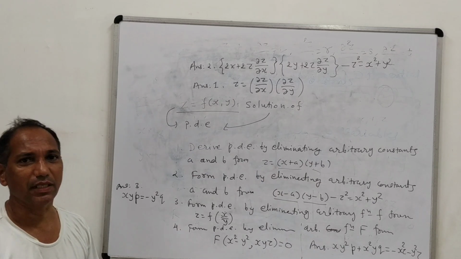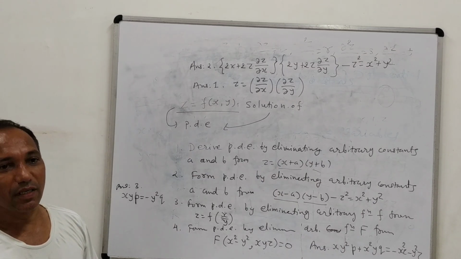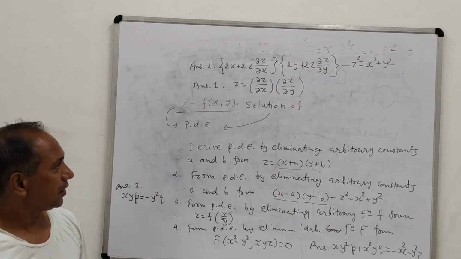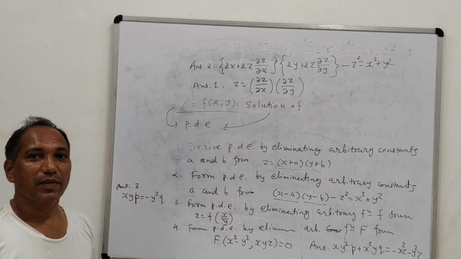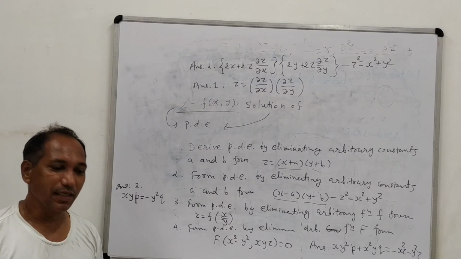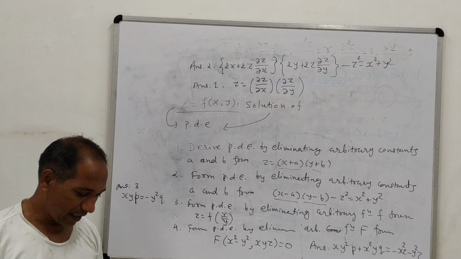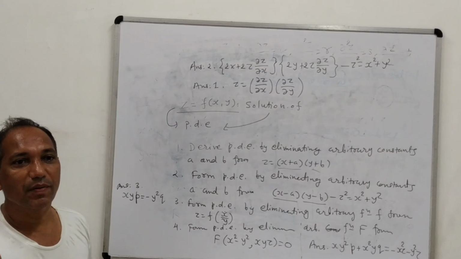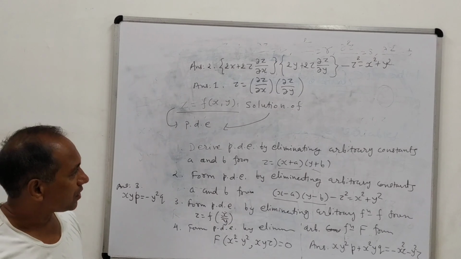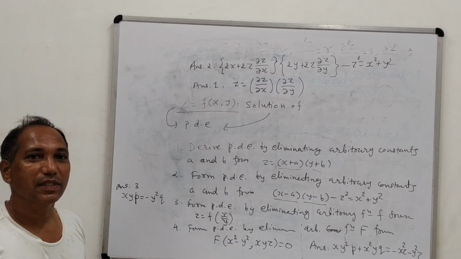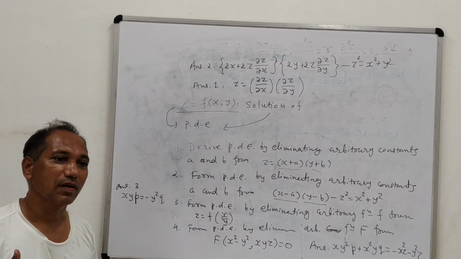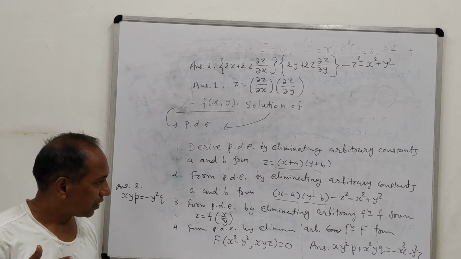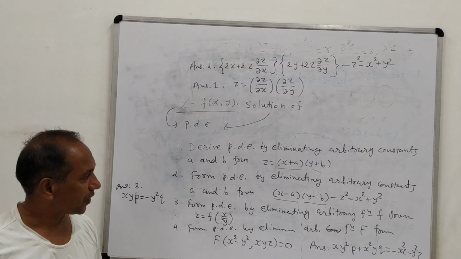Next time we will see another topic which is also very easy, from which also you can obtain the marks very easily. So in this way, first of all we will see only simple topics which have the chances of coming in the examination.